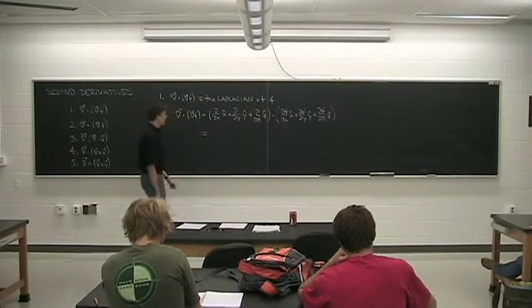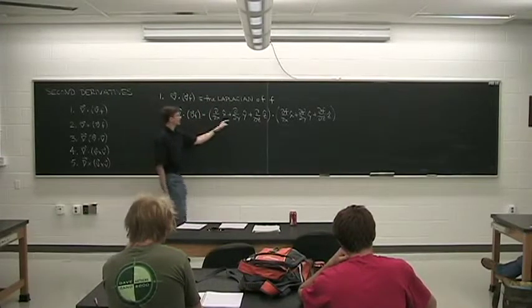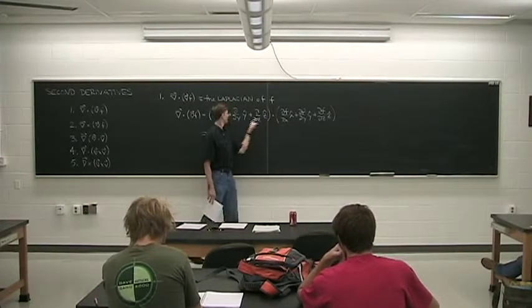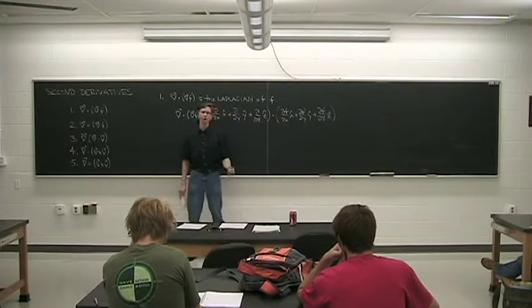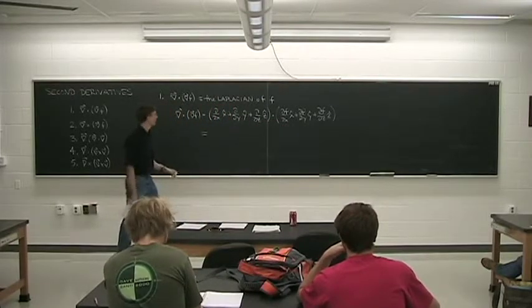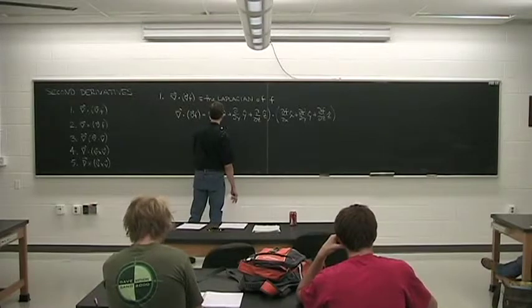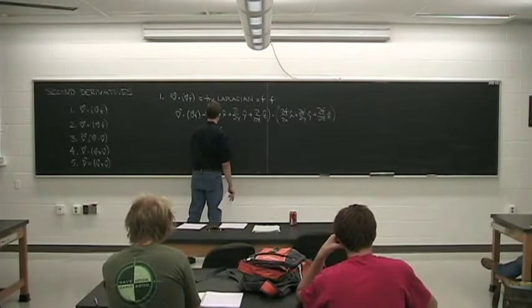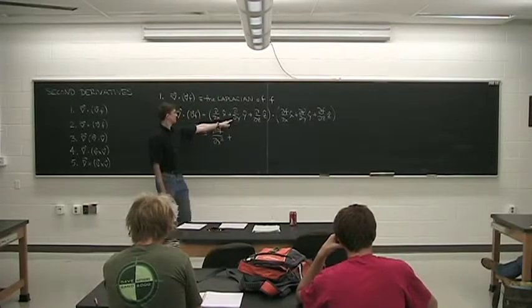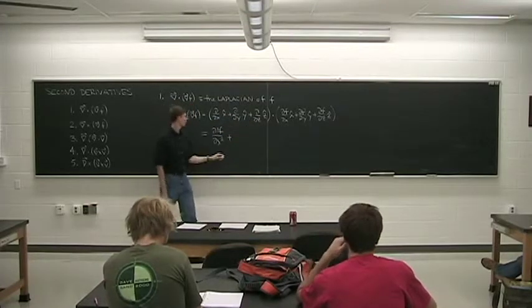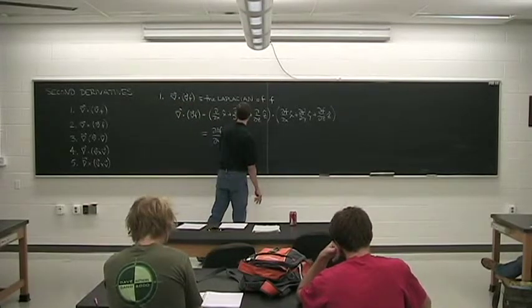And so when you do that dot product there, you're going to get d/dx of df/dx, and x hat dot x hat is 1. So it's going to be, in other words, the second partial of f with respect to x, to which we will add the similar term for y, second partial with respect to y, and second partial with respect to z.